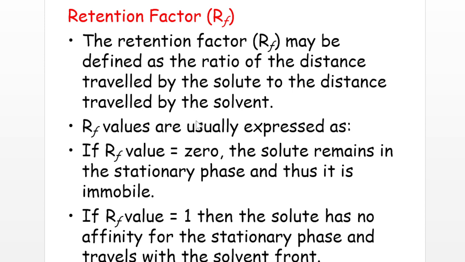If the retention value is equal to 0, the solute remains in the stationary phase and thus it is immobile. If the retention value is equal to 1, then the solute has no affinity for the stationary phase and travels with the solvent front.